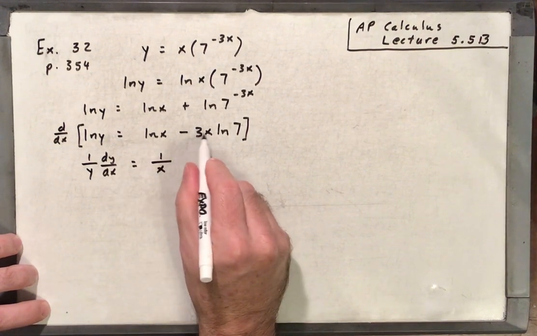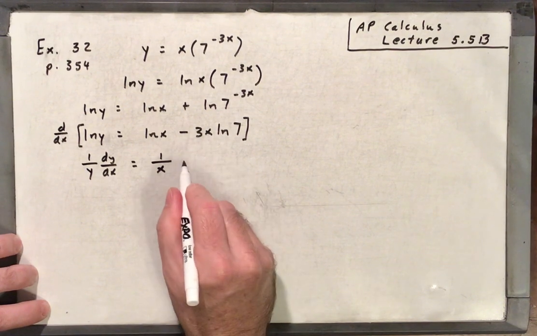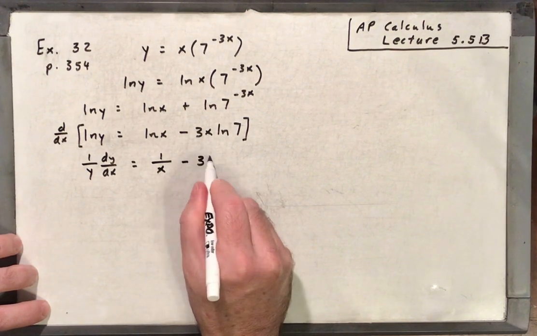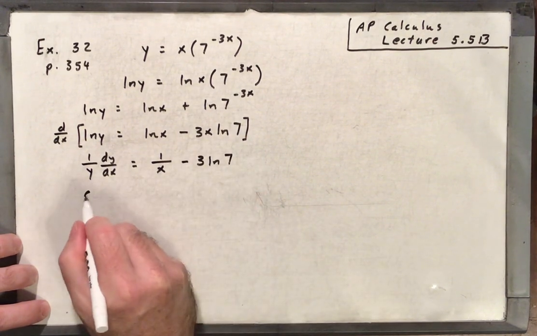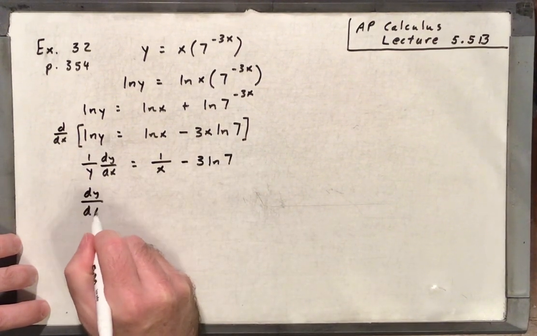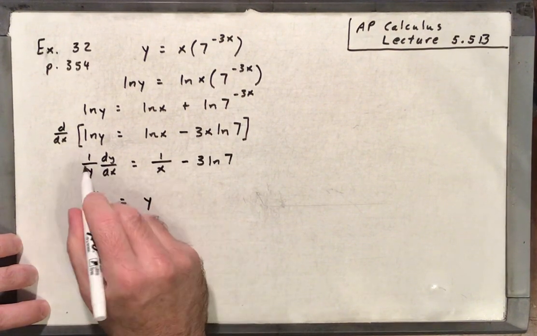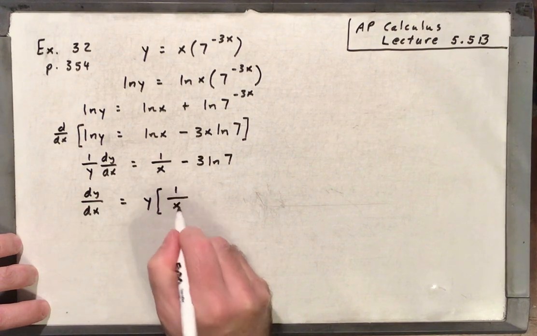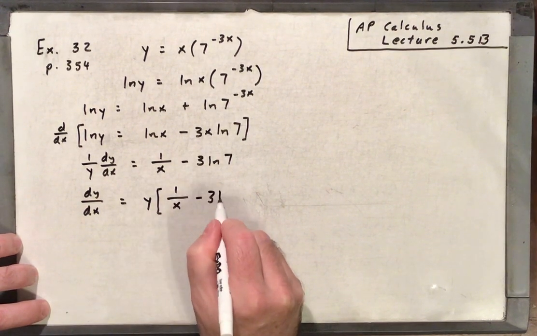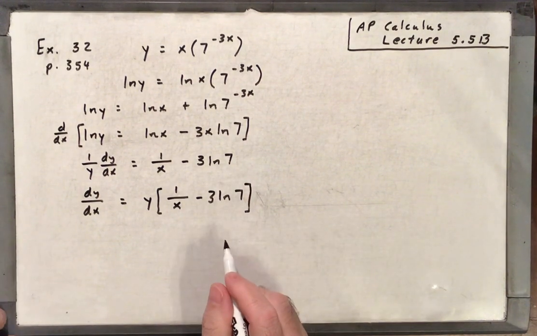And the derivative of 3x natural log 7, the x just goes away, just like in the last example, minus 3 natural log 7. So dy dx is equal to y, multiplying both sides by y, times 1 over x minus 3 natural log 7.